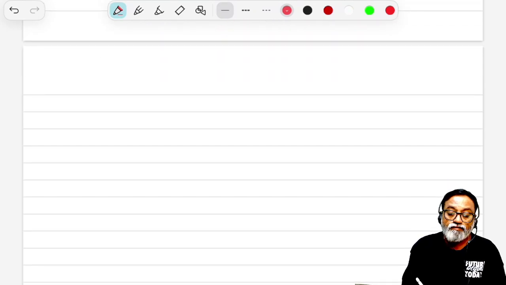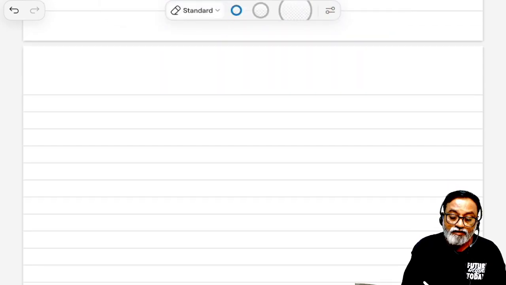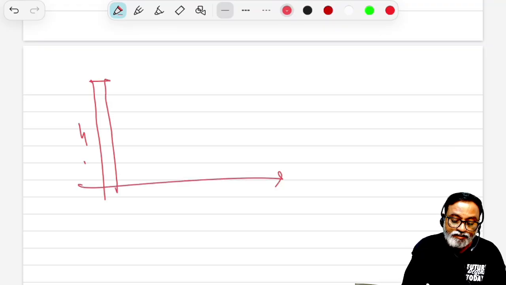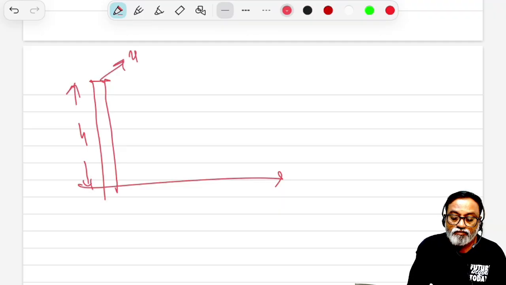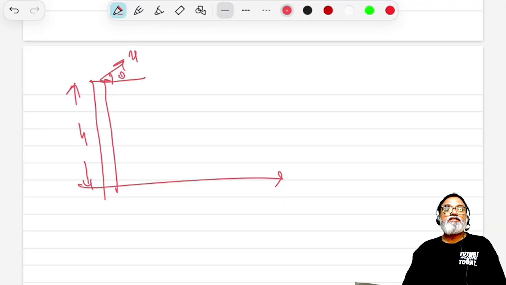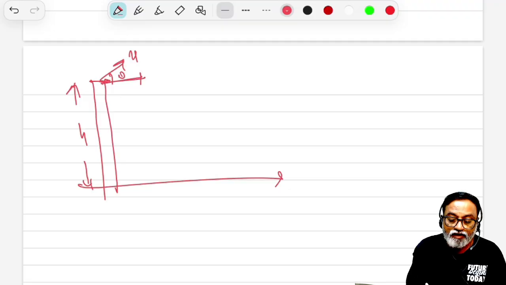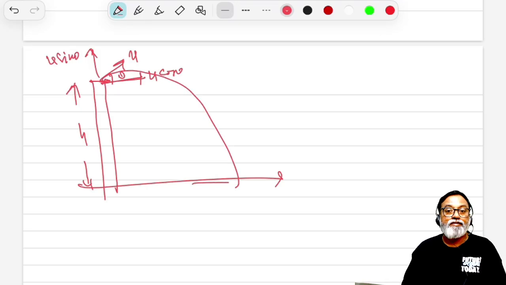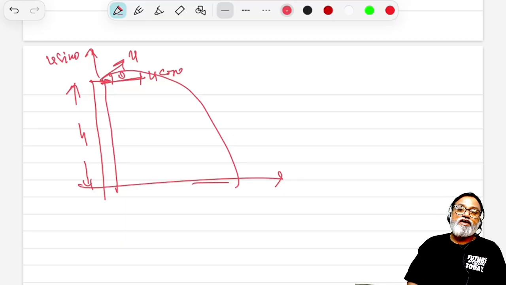Next one. For example, this is a height h. If you project with velocity u making an angle theta with the vertical, therefore here this becomes u cos theta and this becomes u sin theta. Again, it also reaches the ground in a parabolic path. See, for example, what is the time taken to reach the ground?